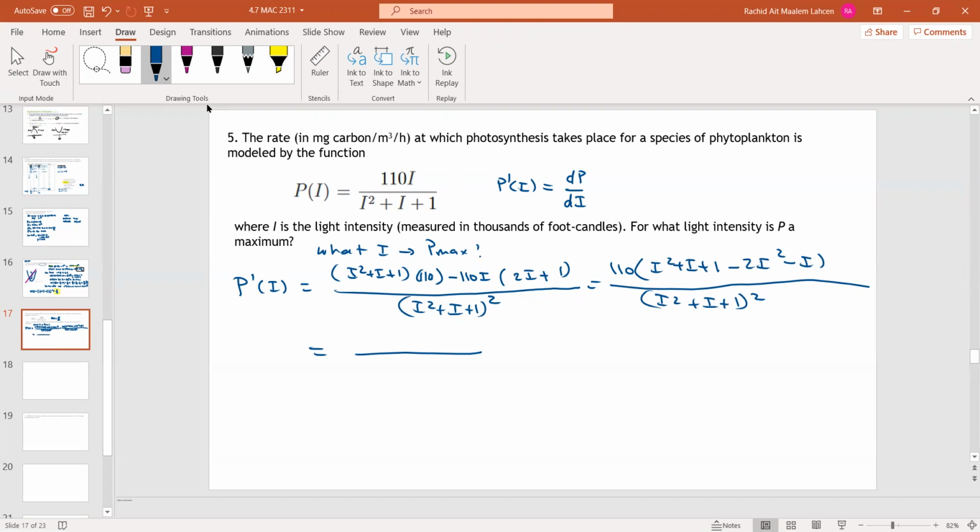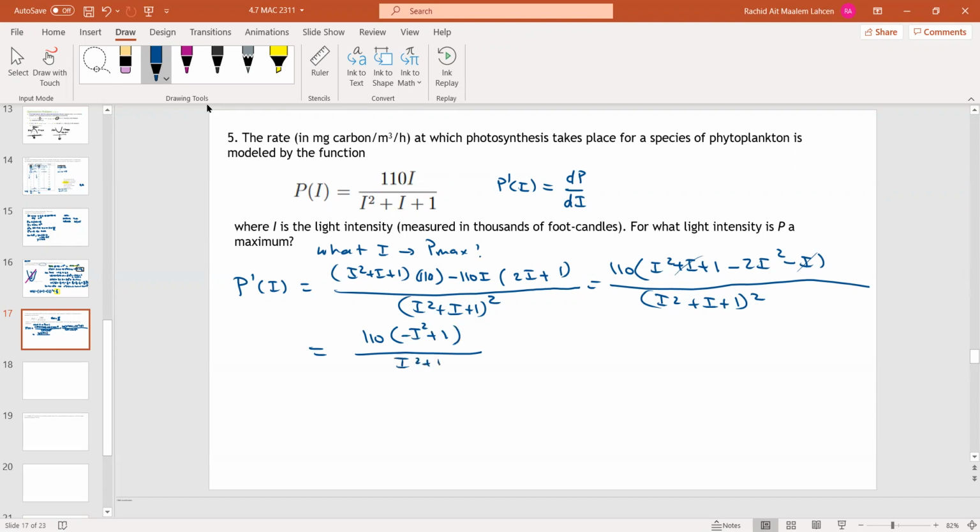And we get, yeah, so we have a negative common, so you have I squared minus 2I squared, that's negative I squared. And I cancels with this one here. And you have plus 1, so you have 110 times negative I squared plus 1, right?